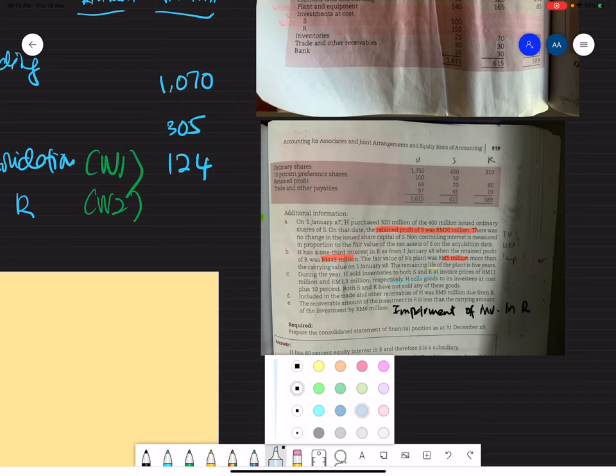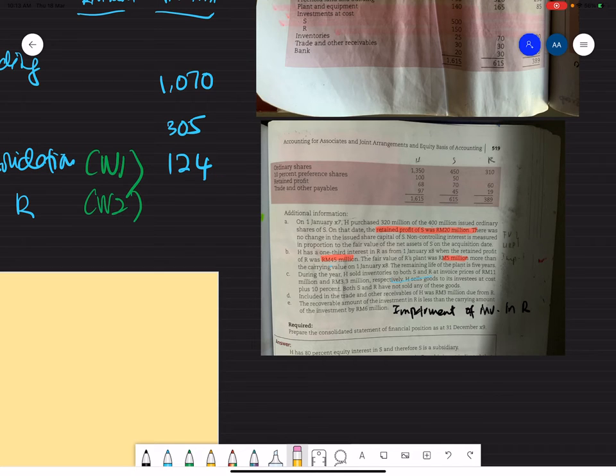Fair value now is 5 million, which is more than the carrying amount.